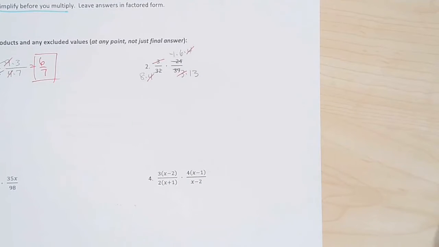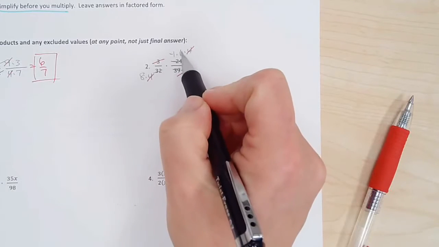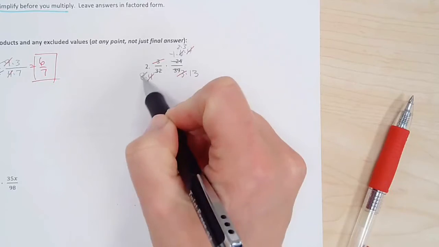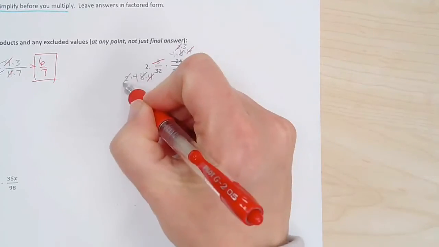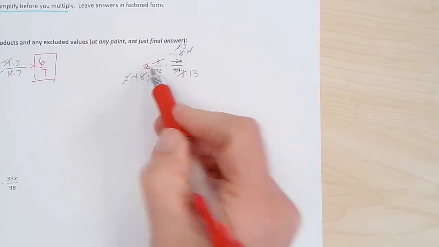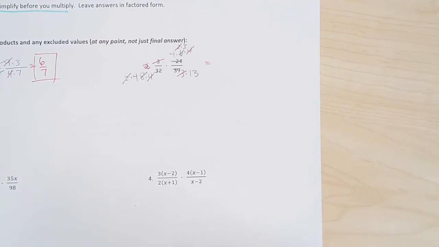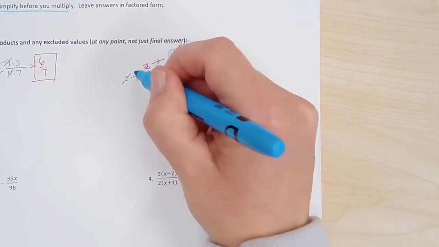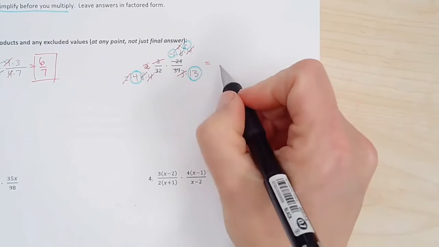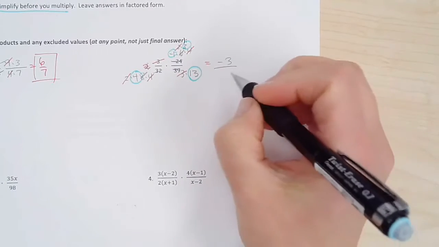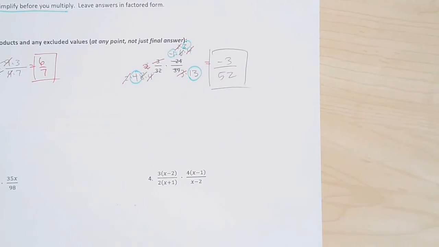And let's see, the 6 and the 8 could simplify, so this is 2 times 3, this is 2 times 4, so sometimes you have to continue simplifying. That cancels, this is just the problem number, so ignore that. And you should end up with -3 over 4 times 13, and let's just go ahead and multiply that out. That is -3 over 40 plus 12 is 52. Hopefully you got that as an answer.